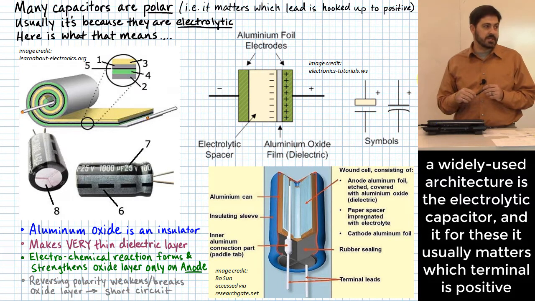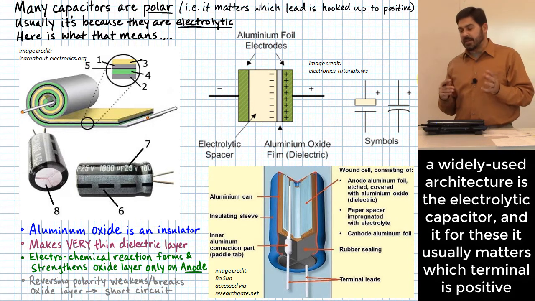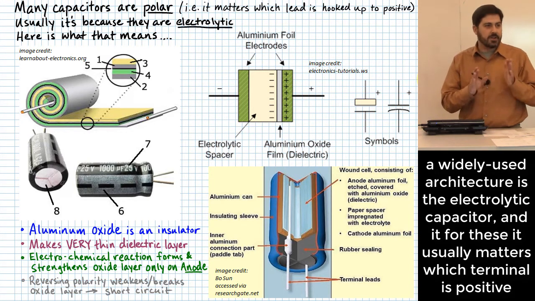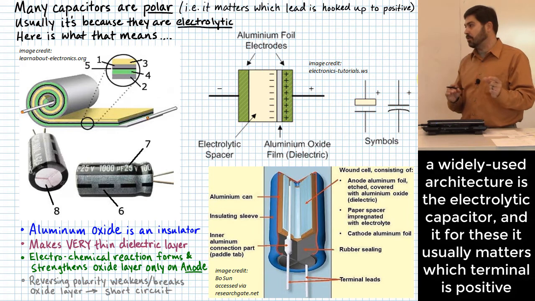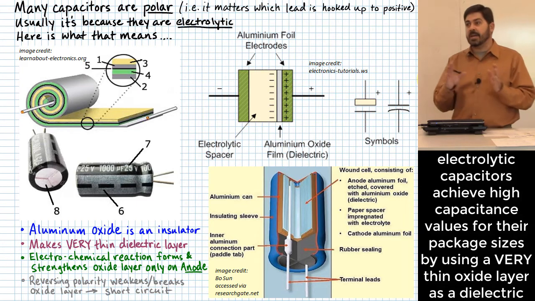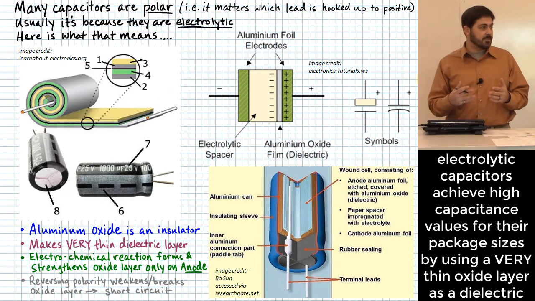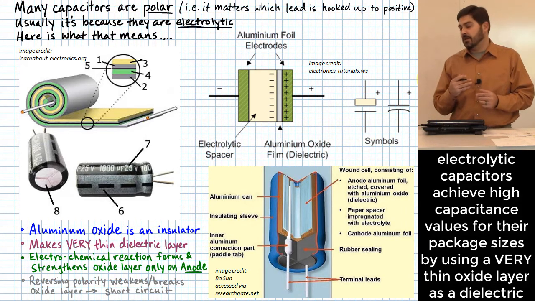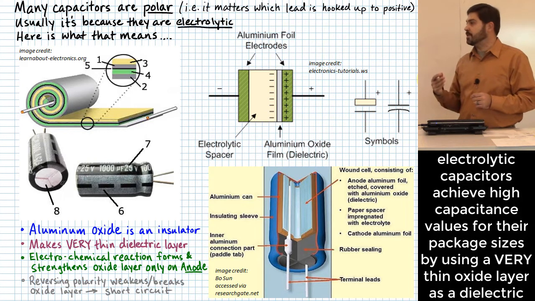I wanted to talk about these for a little bit, because electrolytic capacitors have that disadvantage, I would even call it, in terms of being polar, meaning you can only really connect voltage across them reliably in one direction and not in both directions. That's a disadvantage, but they have a very big advantage in that they typically have some of the highest capacitance values per package size of any of the options you have for various kinds of capacitors. And I wanted to show you the reason why that is.